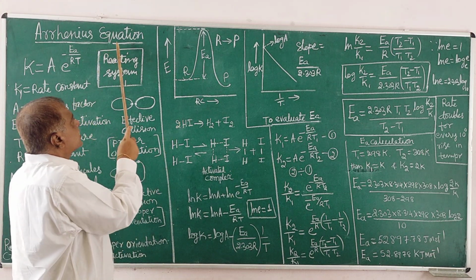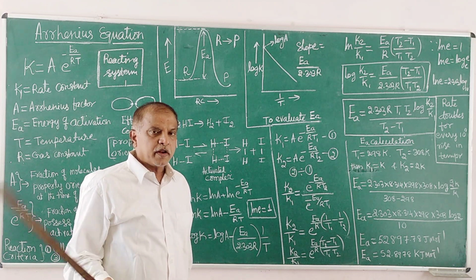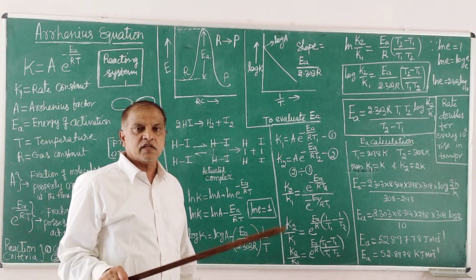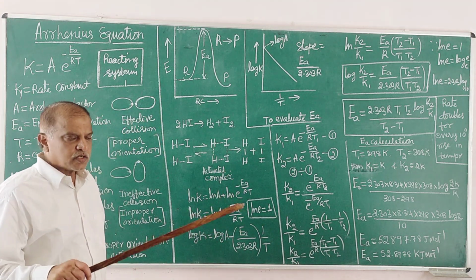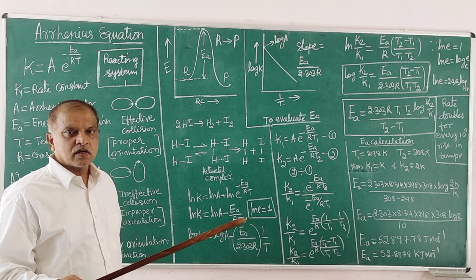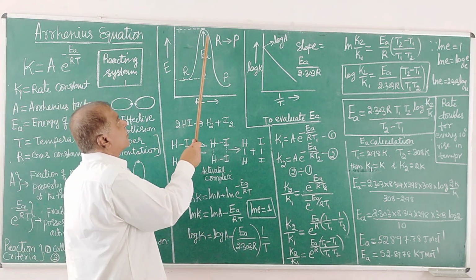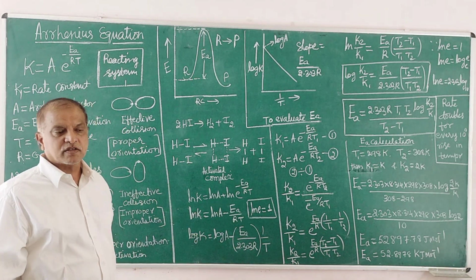Arrhenius says energy of activation means normally the reactant molecules have an energy that is not sufficient for a reaction to take place. They should acquire the excess energy, which is called the energy of activation. They acquire it by repeated collision, fraction by fraction.